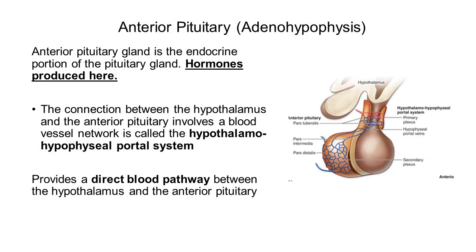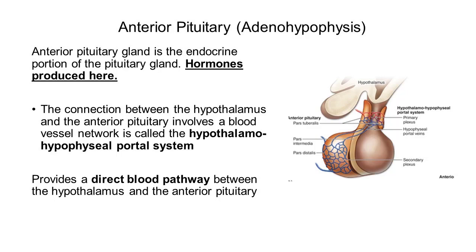But instead of neurons transporting the material, we have these capillary networks, and these are called portal systems. These are capillaries that don't exchange oxygen and CO2, but they exchange material. In this case, we're going to pick up hormones from one region, and we're going to transport them to another region where they're released into the anterior pituitary.